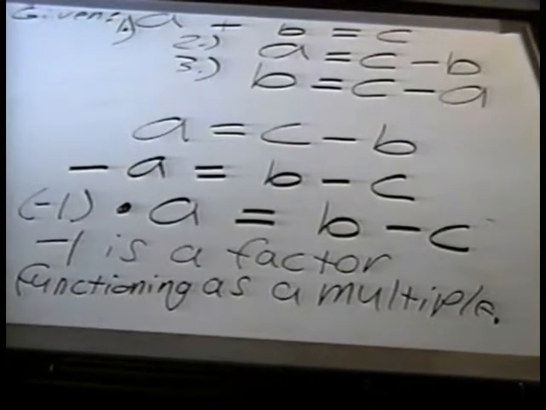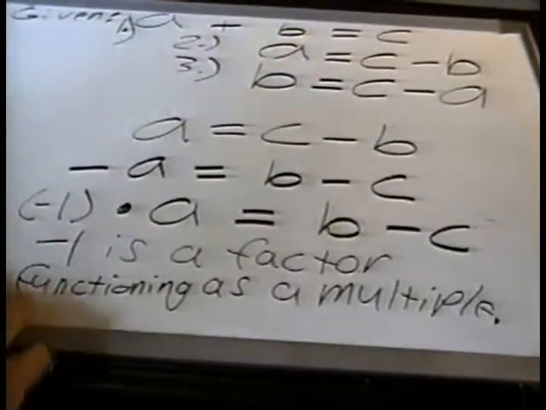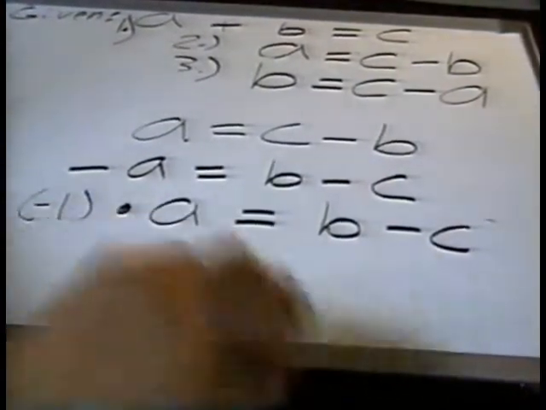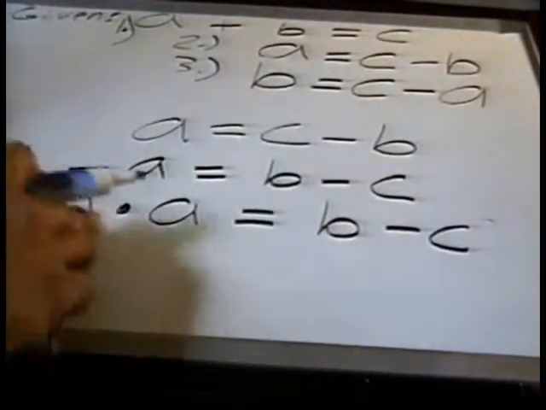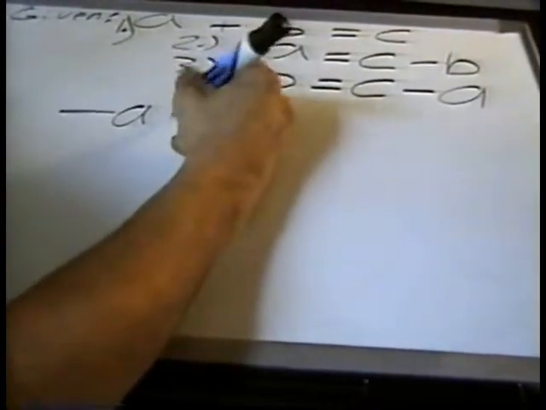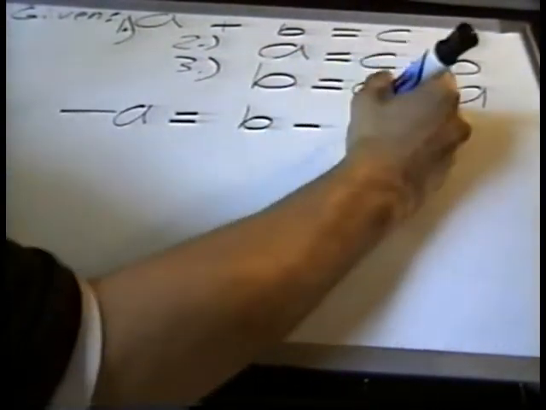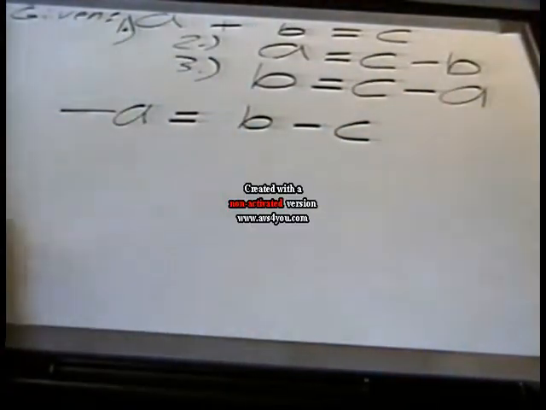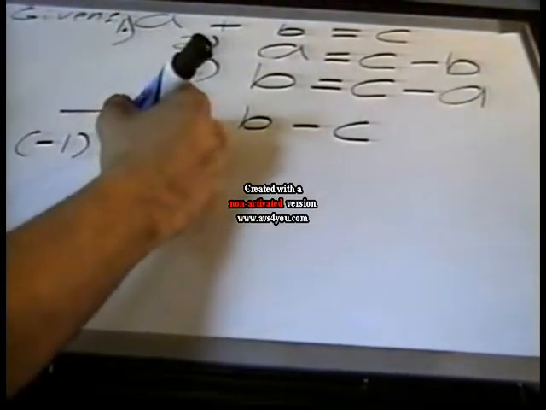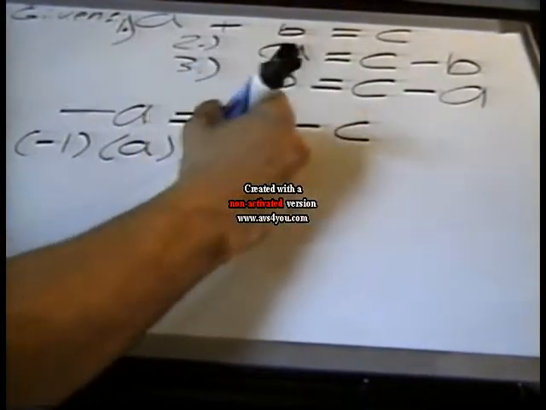plus a negative C minus A. So here we know C's cancel out, or you get 0 minus A. Now here, that becomes B minus C. And finally we get B minus C equals just a negative A, because 0 minus A equals negative A. Subtracting a number from 0 does not change the number.